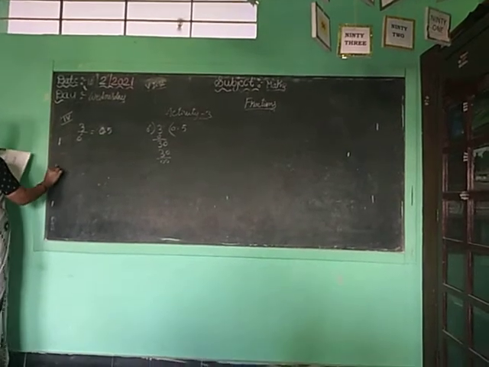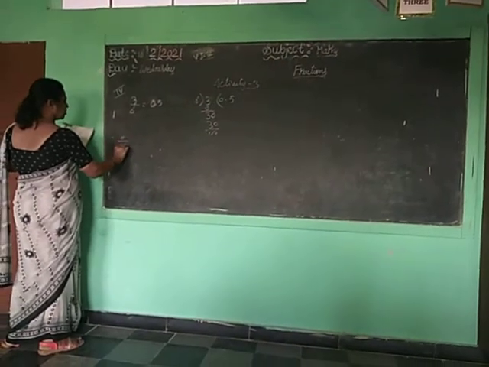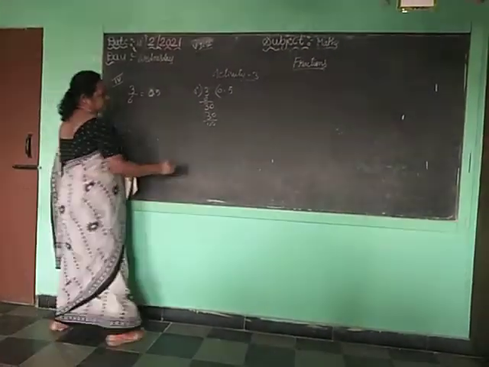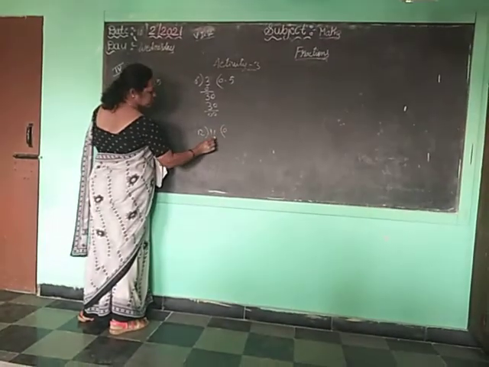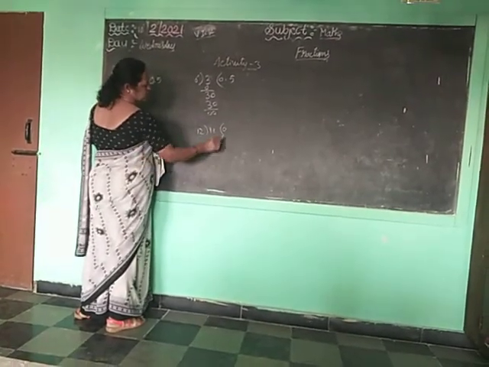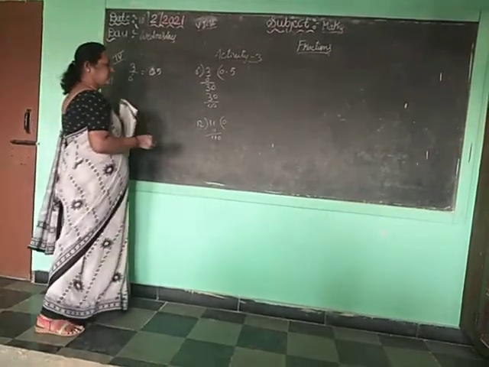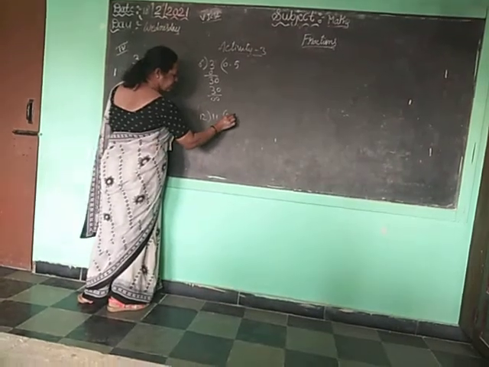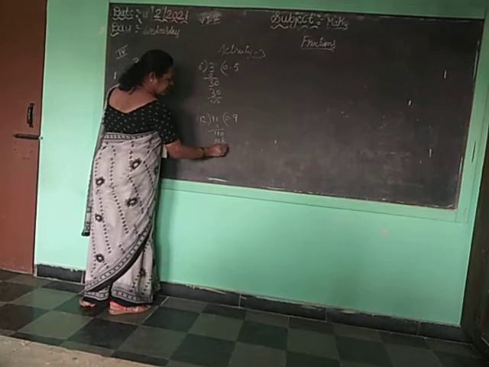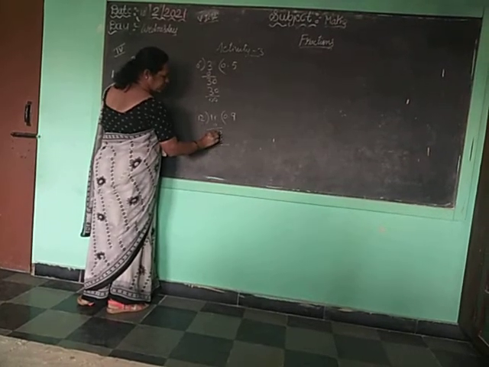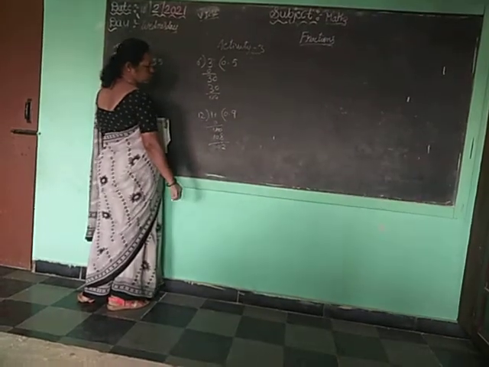Next. 11 by 12. From 12 you have to divide 11. 12 ones are not possible, so 12 zeros are 0. Put a point, add a 0. 12 nines are how much children? 12 nines are 108. So from 110, 108 minus is how much? 2. Now what you will do?